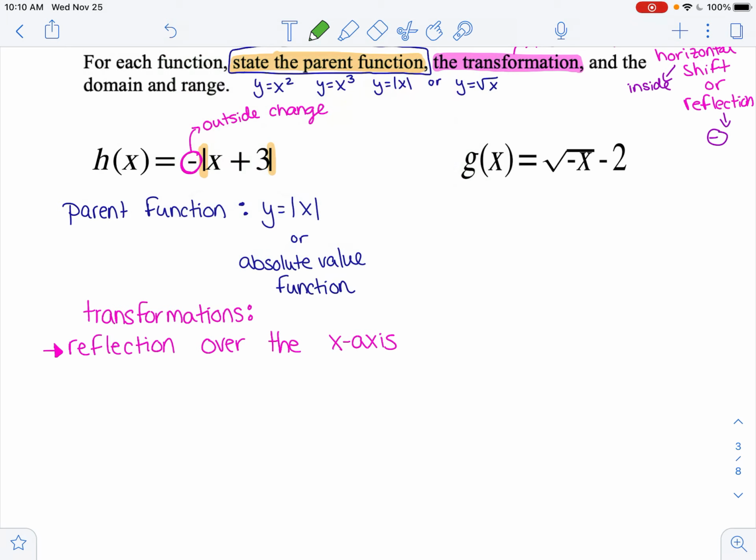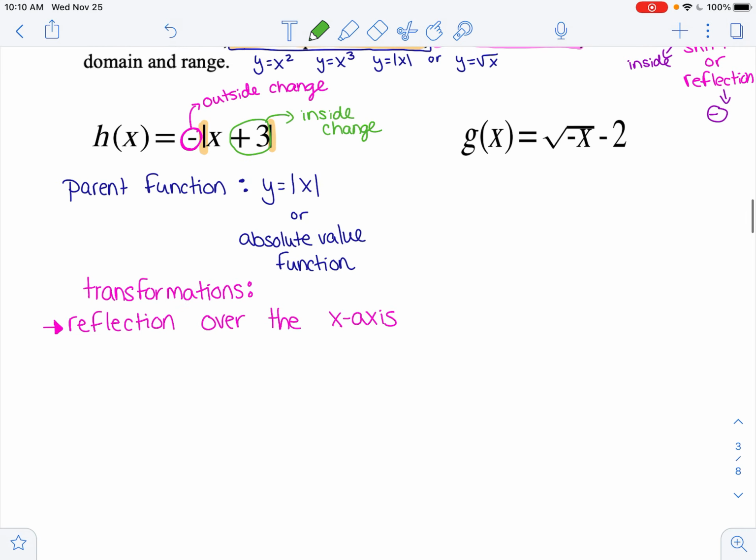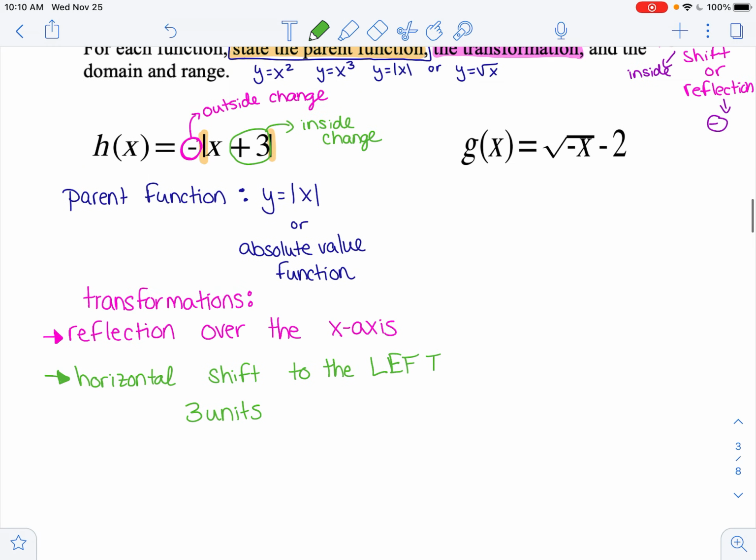And then the other transformation I have is an inside change. So that's got to be some form of horizontal. So it's going to be a horizontal shift to the left 3 units, because it's plus. It's opposite when it's inside, so it's to the left 3 units.